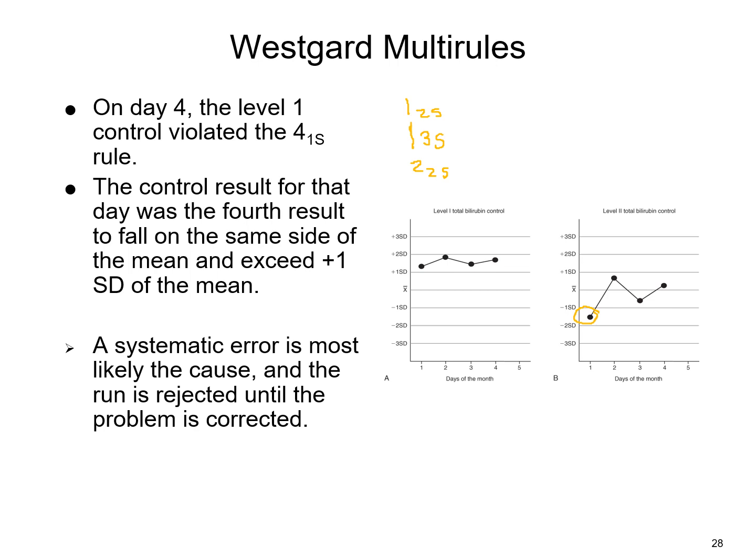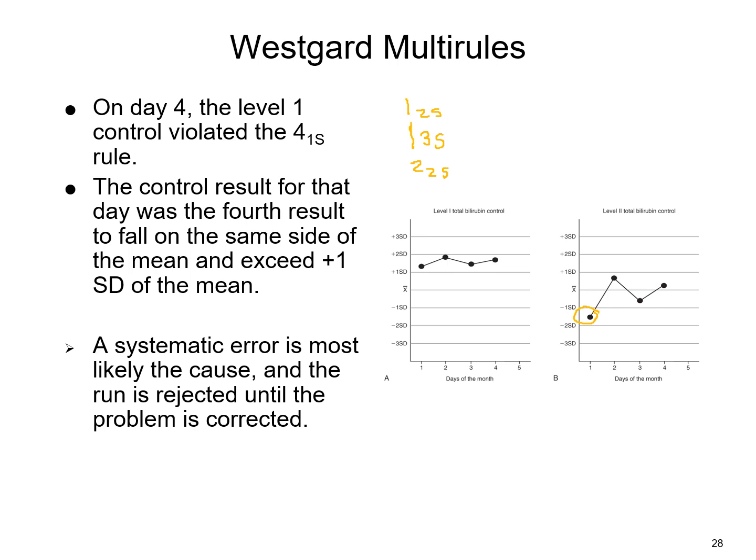So we're at our range rule, range of 4 standard deviations. Well, we know that we have to have violated the 2S rule in order to even hit the R4S rule, which we haven't. So we keep going. Now we're at the 4-1S rule. Do we have 4 values that are outside of 1 standard deviation?